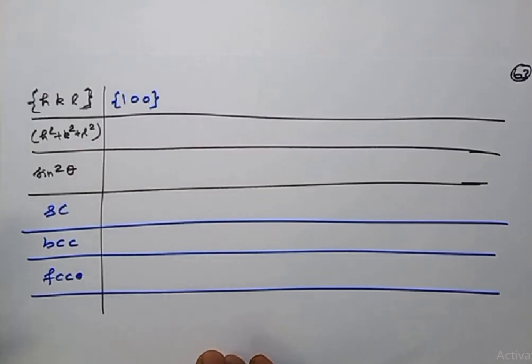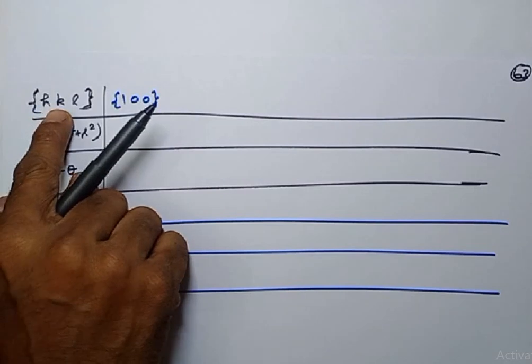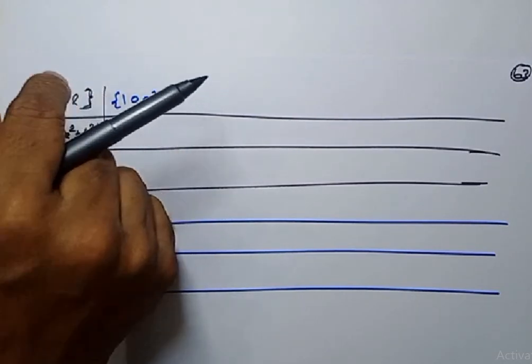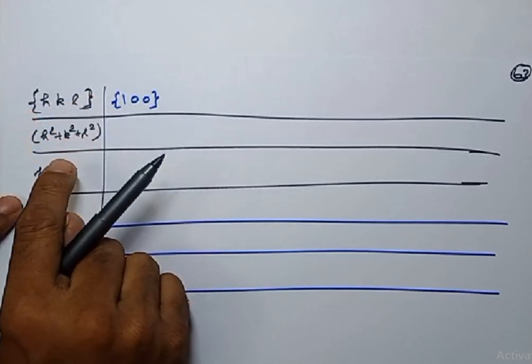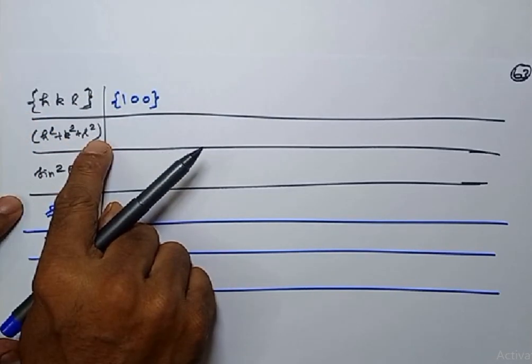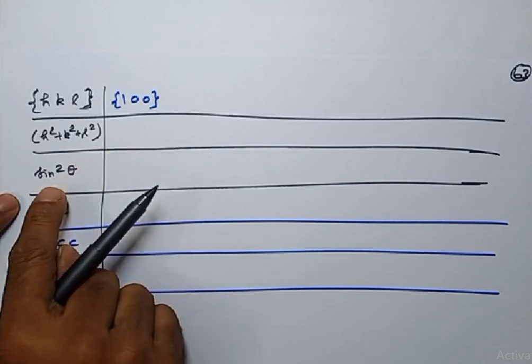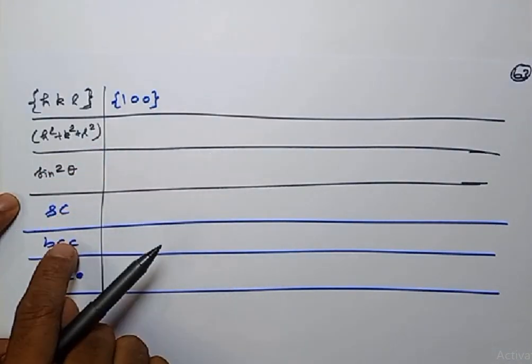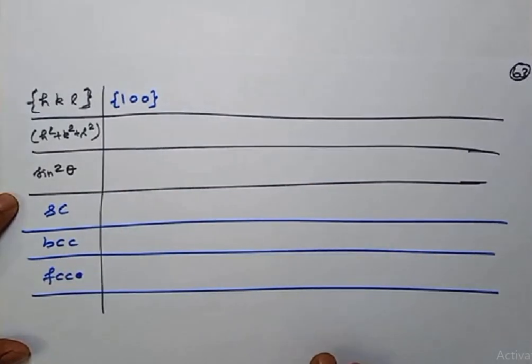So what I'm going to do is write the set or family of particular planes, and the corresponding h square plus k square plus l square value, and how it is related to sine square theta, then for simple cubic, BCC, FCC, what are the values?